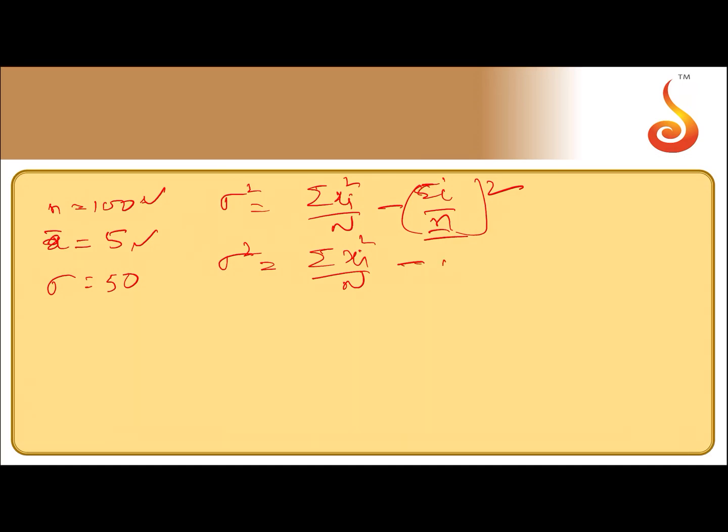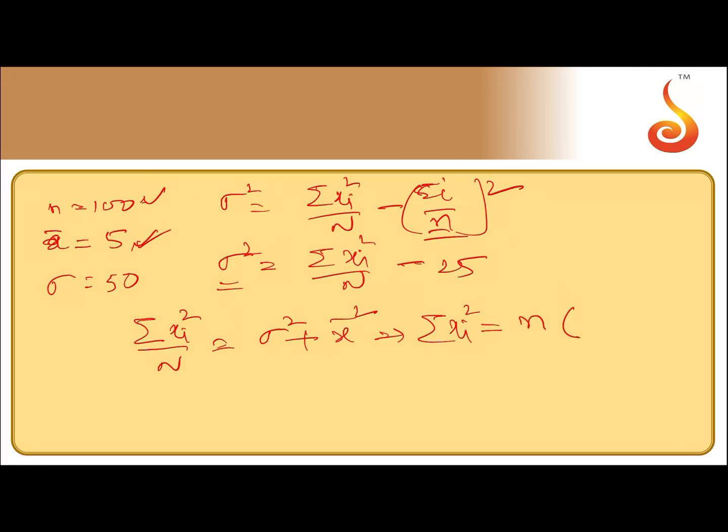The mean squared is 25, and sigma is given as 50. Therefore sigma xi square divided by n equals sigma square plus x bar square, which implies sigma xi square equals n multiplied by (sigma square plus x bar square).